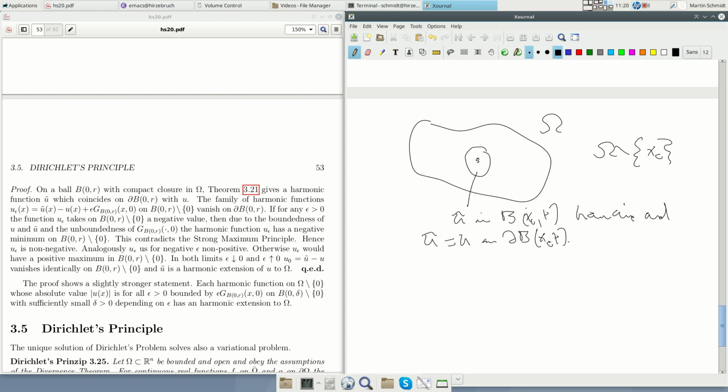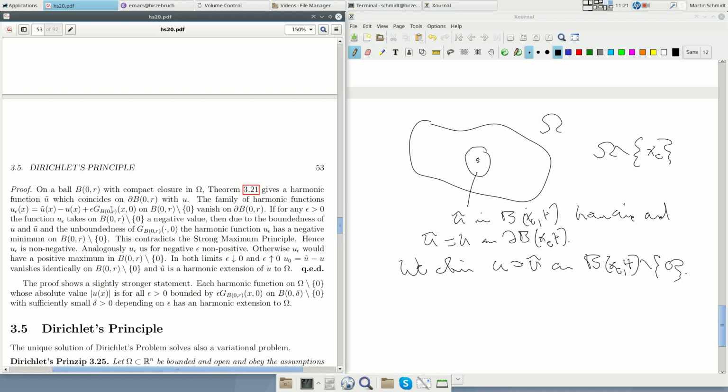And now we claim that U is equal to U tilde on B of x0, R without x0, of course, because at x0 U is not defined. But U tilde is. So this is what we have to prove, because then we know U extends by U tilde to a harmonic function. So this is what we prove. Now we introduce this function here.